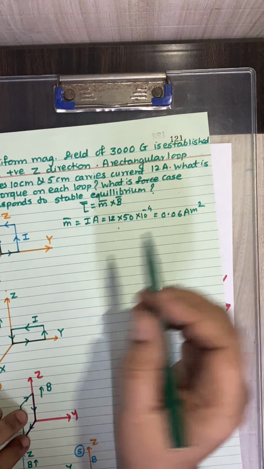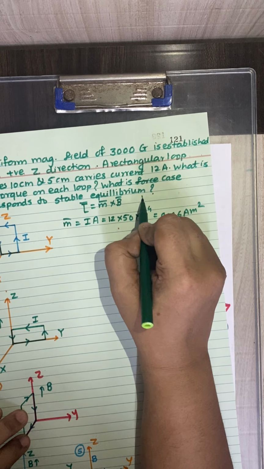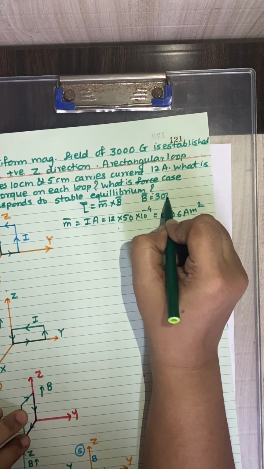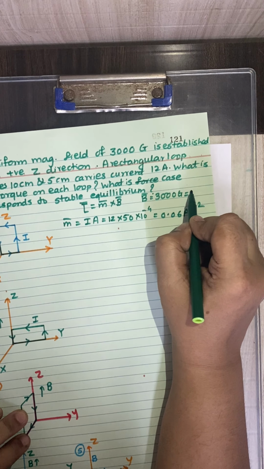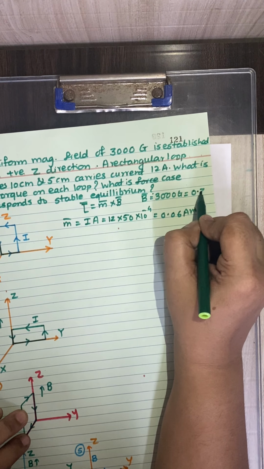And the magnetic field is given as 3000 Gauss. Again the magnetic field is in Gauss, so I'll write down that 3000 Gauss is nothing but 3000 into 10 raised to minus 4 Tesla, that is 0.3 Tesla.